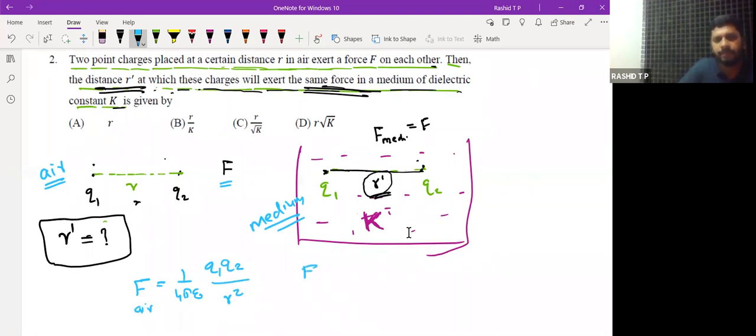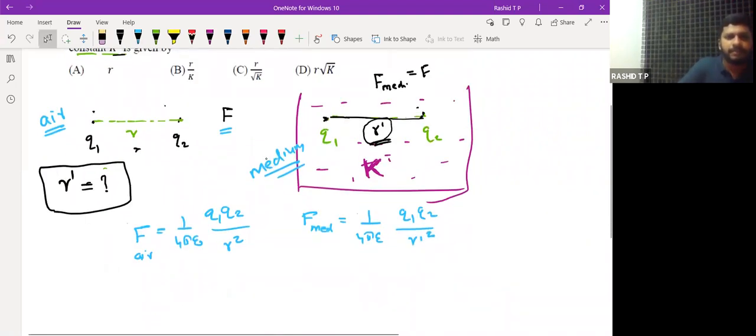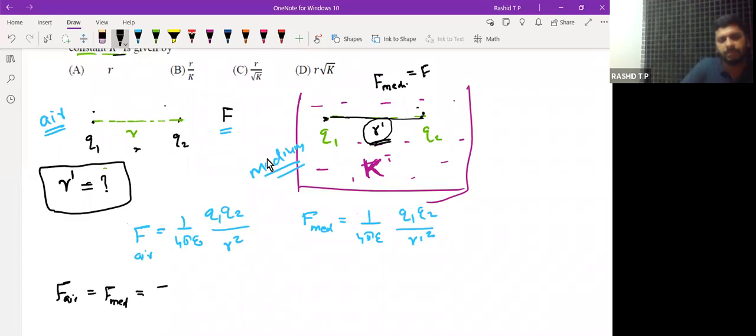When kept in a medium, F medium is 1 by 4 pi epsilon into Q1 Q2 divided by, now the separation is r dash square. But it is given that both forces are the same. F air is equal to F medium, that is equal to F.